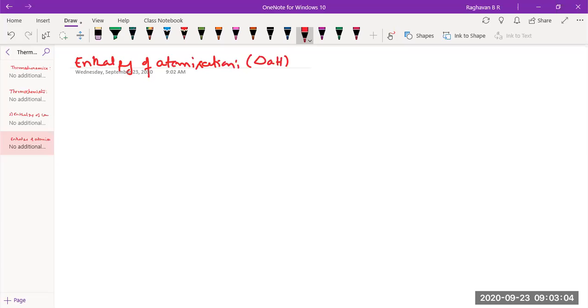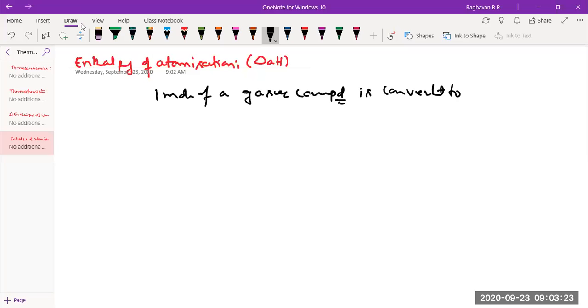Here there is a change in enthalpy when 1 mole of a gaseous compound is converted to gaseous atoms. It is the change in enthalpy that occurs when 1 mole of a gaseous compound is converted to gaseous atoms.